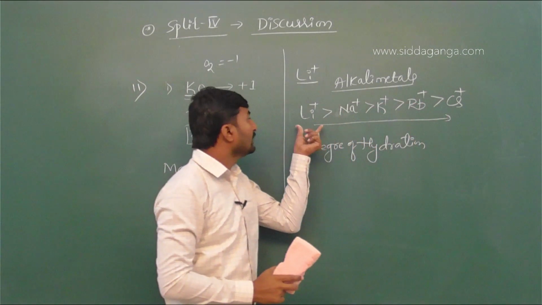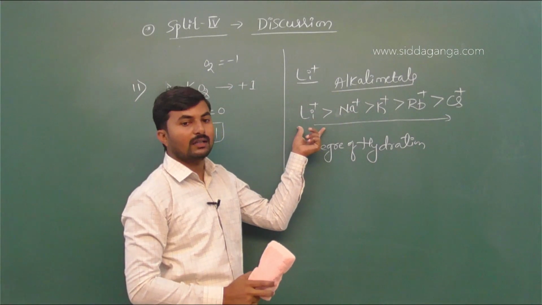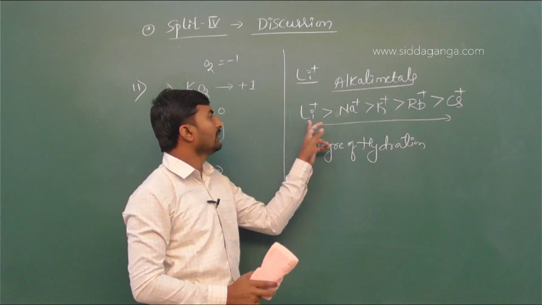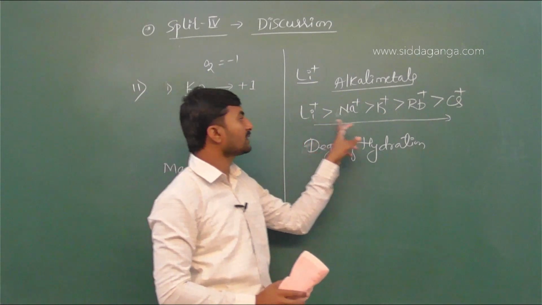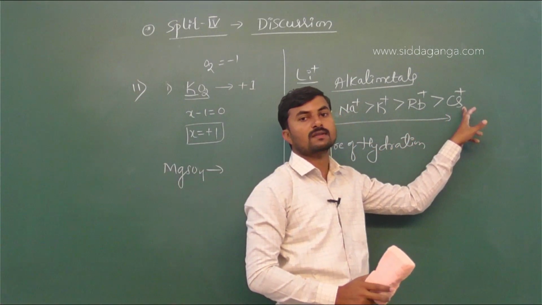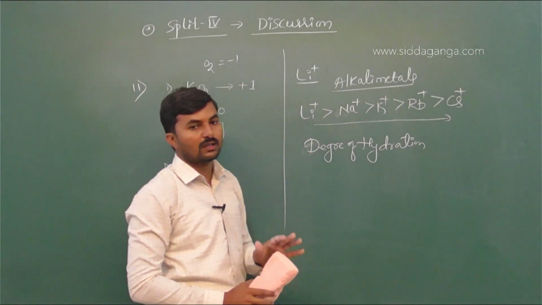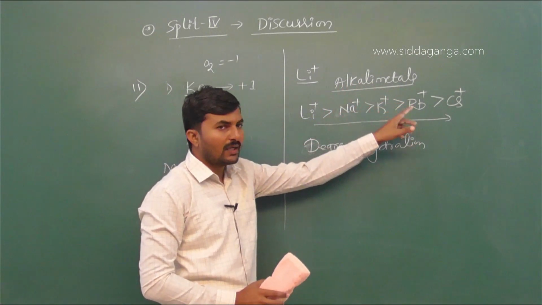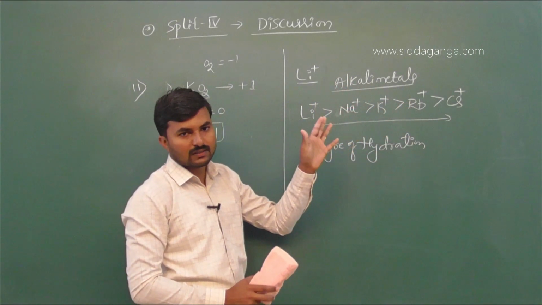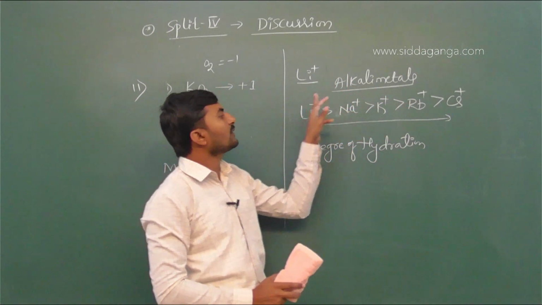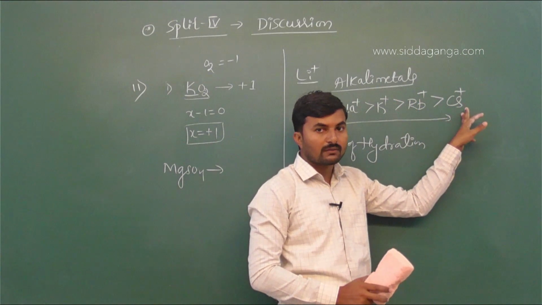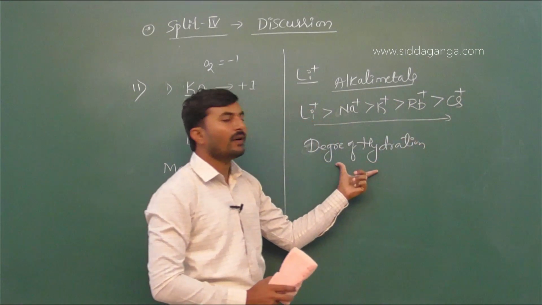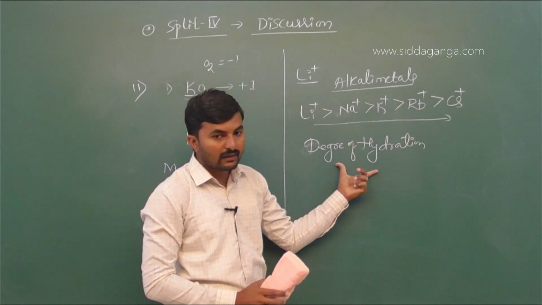Lithium is the element among alkali metals which possesses the highest degree of hydration, followed by cesium which possesses the lowest degree of hydration. You must remember one thing: in alkali metals, and also in alkaline earth metals, with an increase in the size of the ions, the degree of hydration decreases.